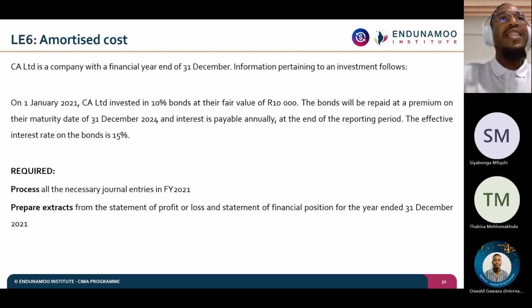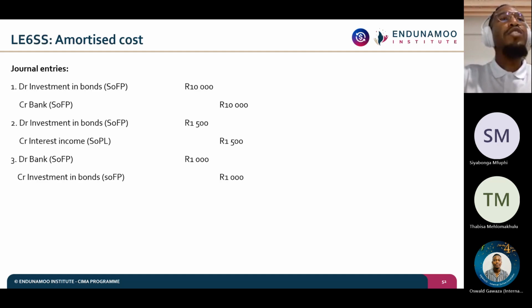Then we are told that the effective interest rate on the bond is 15%, which means the bonds will attract interest at 15%. 15% of 10,000 is 1,500. So you will debit the investment in bonds with 1,500, and credit interest income in the statement of profit or loss with 1,500.